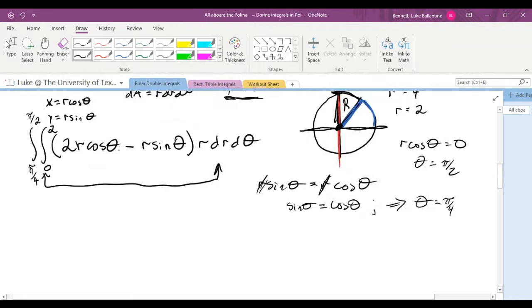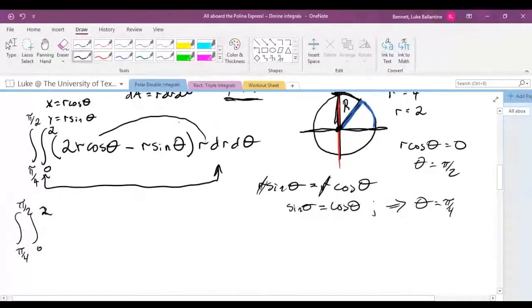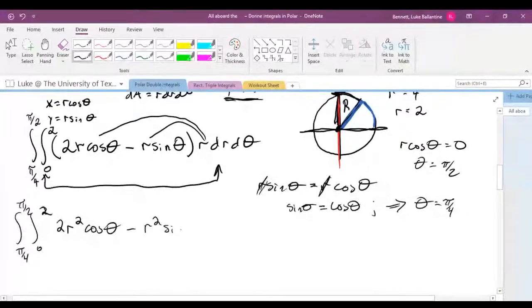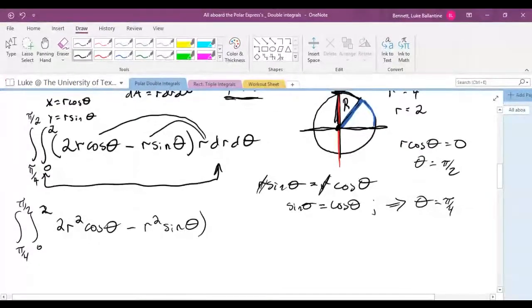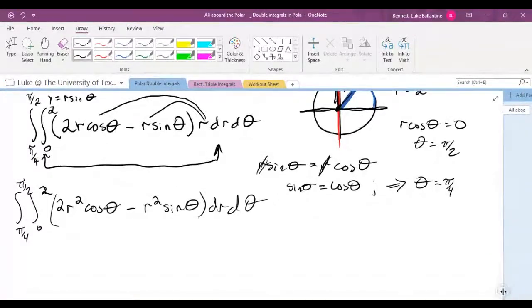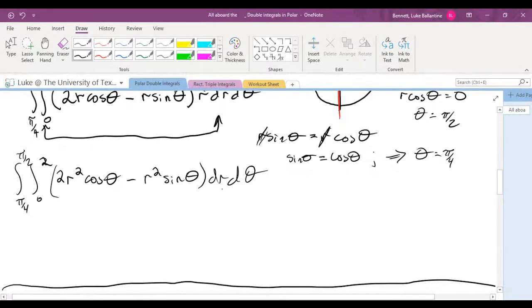Cool. So let's look at what we have. We have the double integral from 0 to 2, and pi over 4 to pi over 2, distributing the r through, of 2r squared cosine theta minus r squared sine theta, dr d theta. Well, this turns into what?